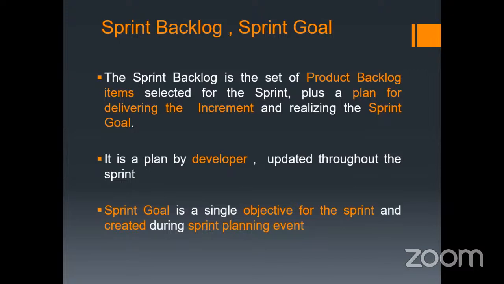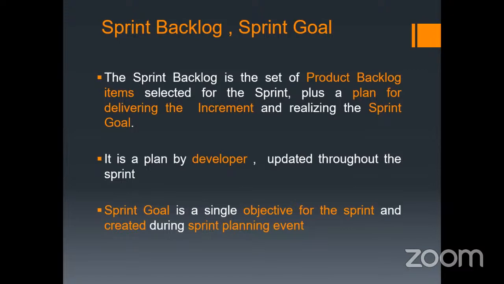So for a particular selected sprint, the developers will finalize which product backlog items can be considered, and what the plan is for delivering the increment. That will also be decided by the developers.